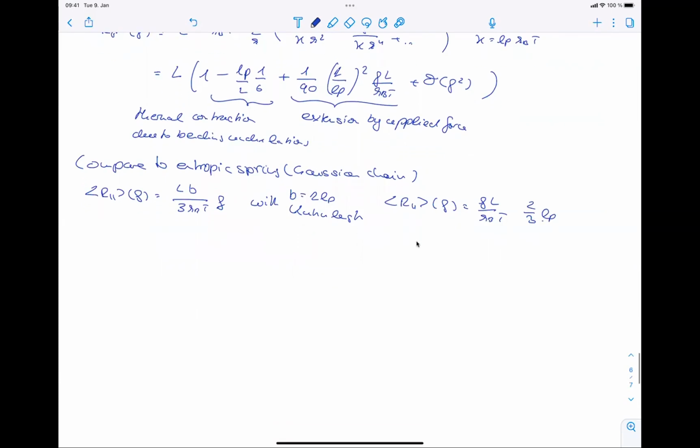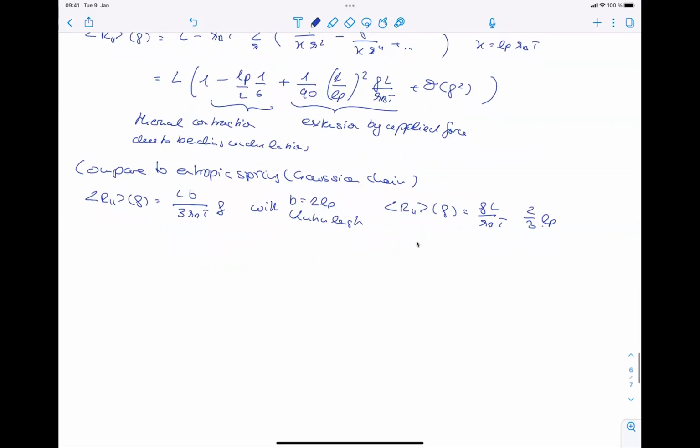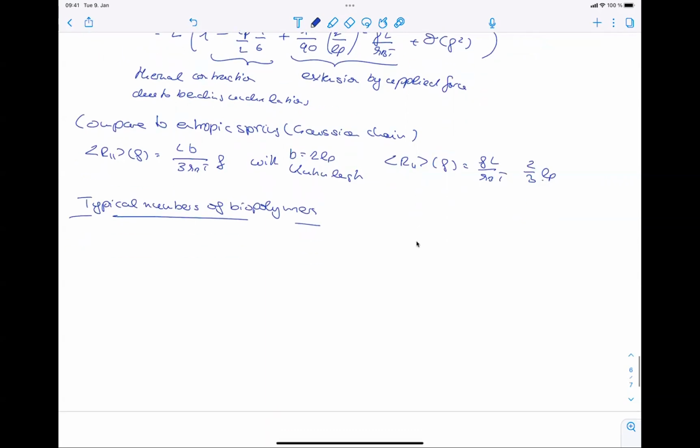And so this brings me to talk about typical numbers of biopolymers again, just so we know roughly a scale.